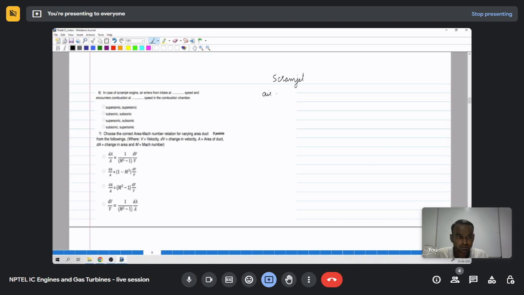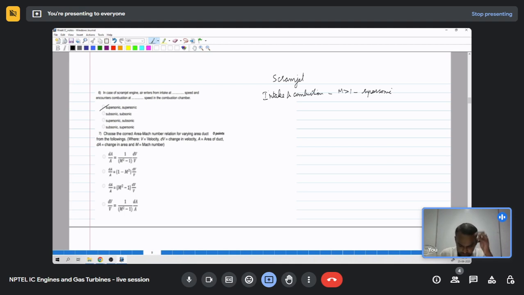Yes, so it's supersonic. Yeah, you're right. So for a scramjet engine, intake and combustion take place at supersonic, Mach number greater than 1. So it is option A.